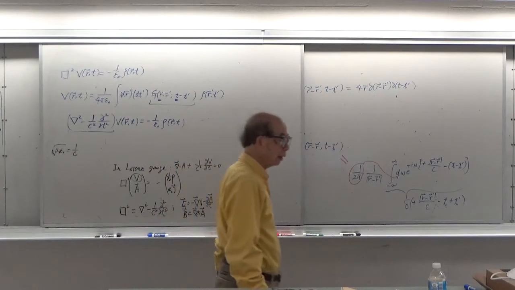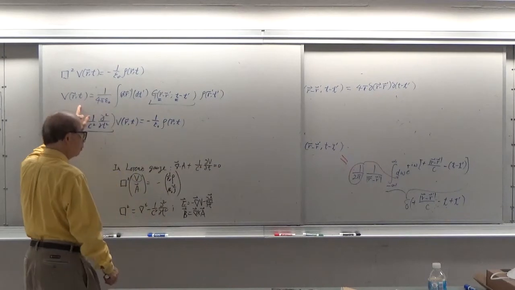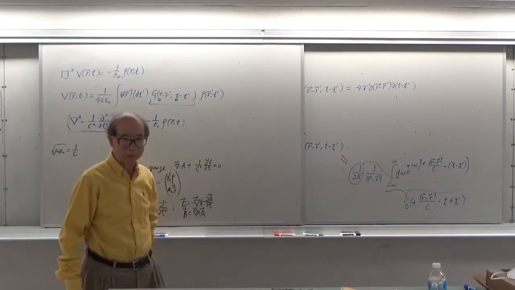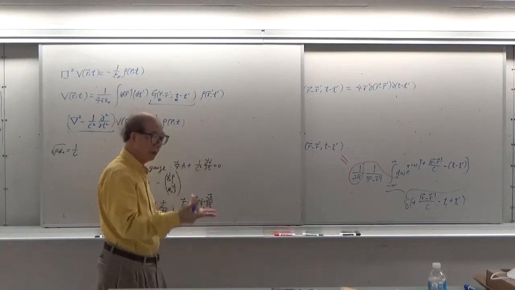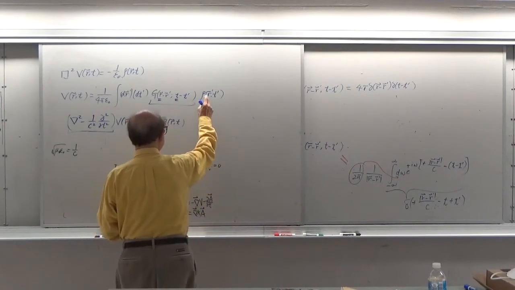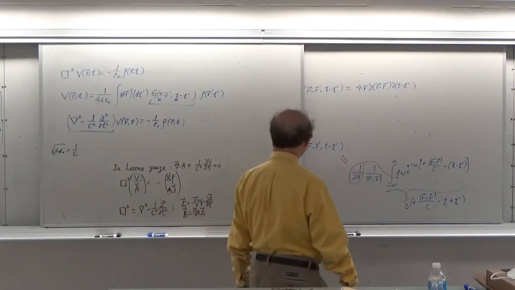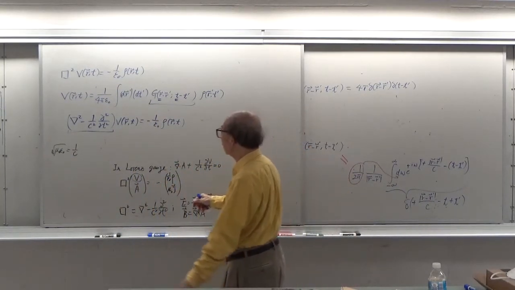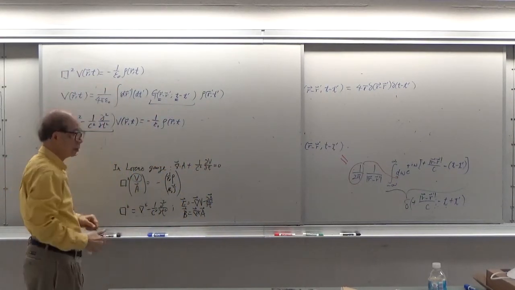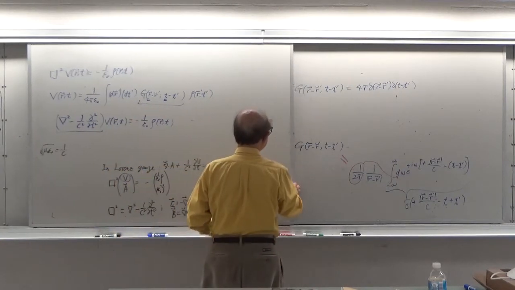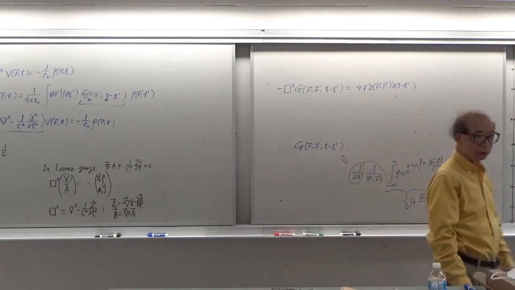So obviously a physical thing to do is to make sure that the observation time is after the emission time, since it takes the signal a finite amount of time to get from the source R prime to the observation point R. And since V has to obey this four-dimensional differential equation, that means that the four-dimensional Green's function has to obey this relation.